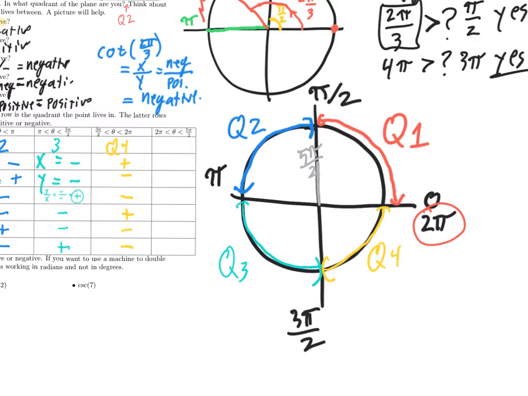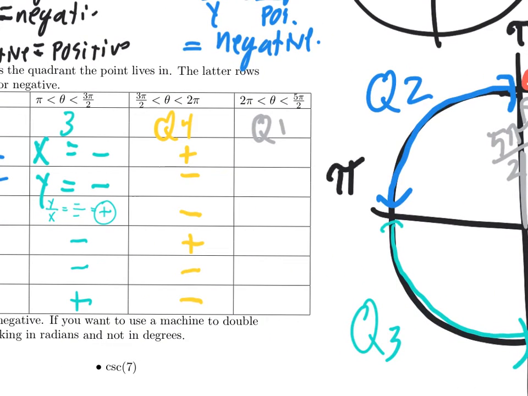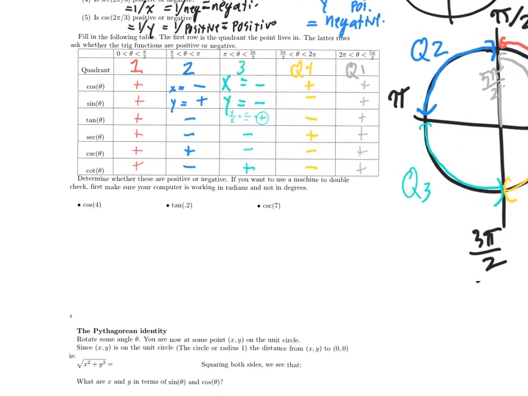So all of here is the set of angles between 2 pi and 5 pi over 2. So angles between 2 pi and 5 pi over 2 also live in quadrant 1. And so I'm copying down the quadrant 1 column to the far left. Everything is positive. Cool.